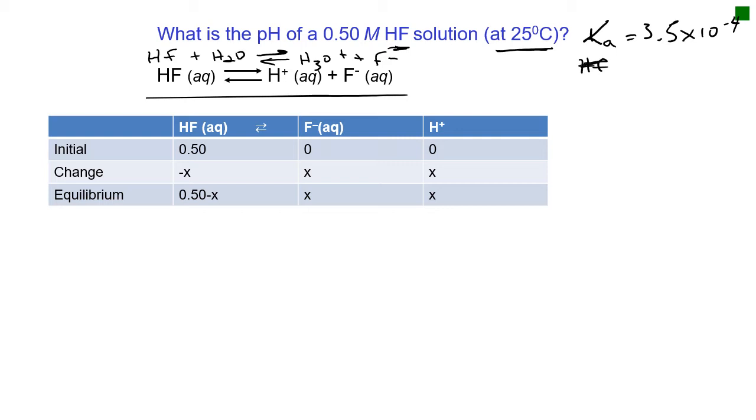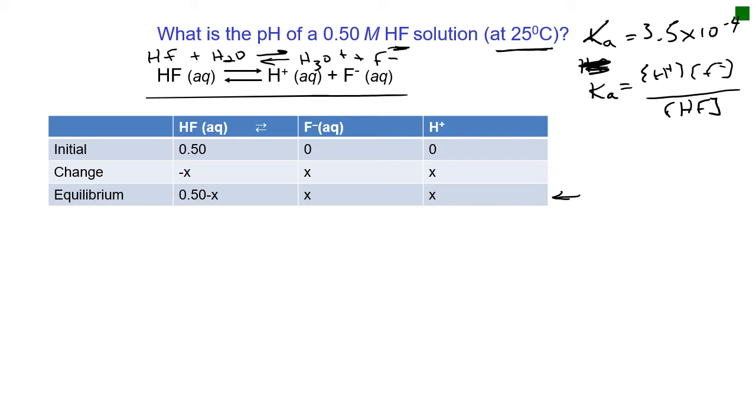So we're going to know here that our Ka is going to equal the concentration of H plus multiplied by F minus over HF, which means we have to dig through our ICE chart to figure out what our values are here at equilibrium.